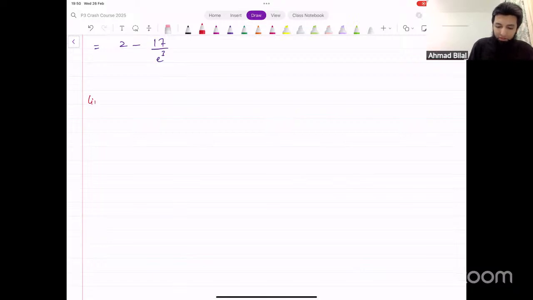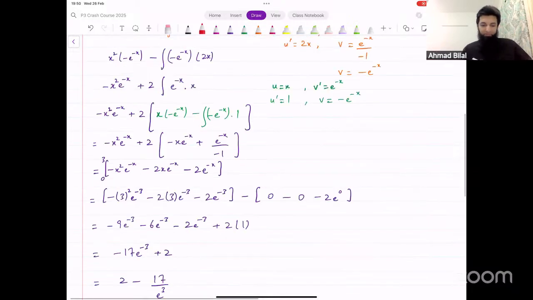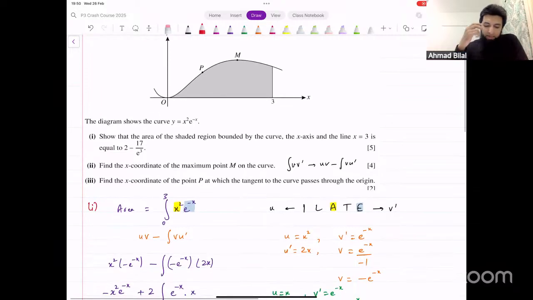Part 3. Let's look at part 3. Find the x coordinate of the point P at which the tangent to the curve passes through the origin. Okay, so we have a point P on the curve. And it's such that if you were to draw a tangent at this point, it would pass through the origin.